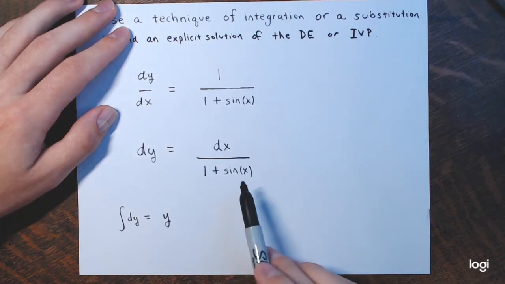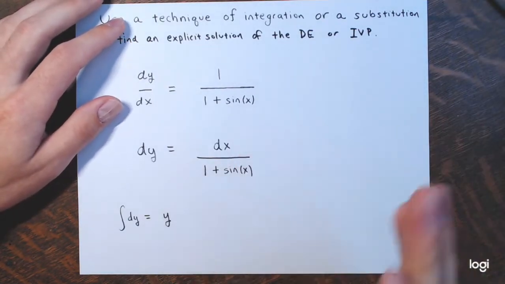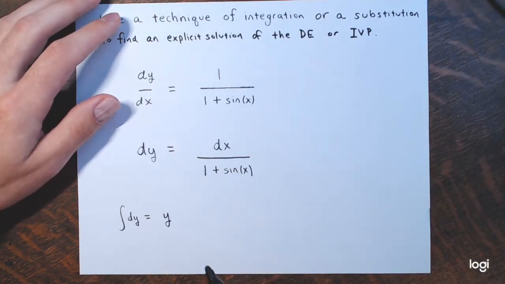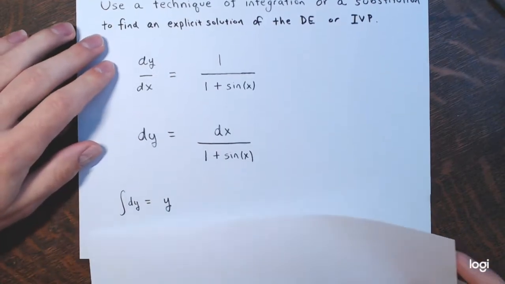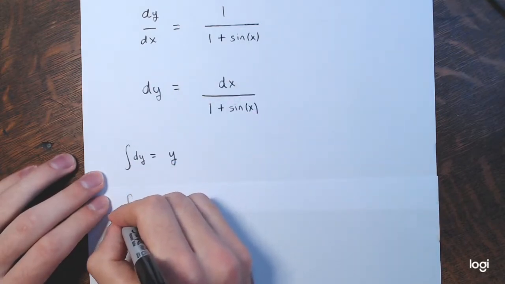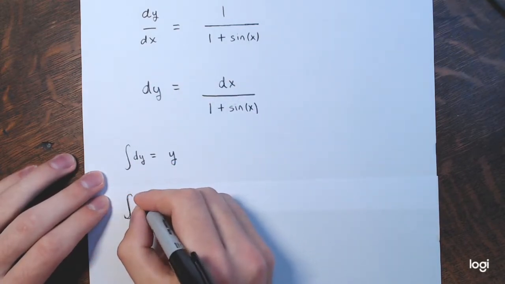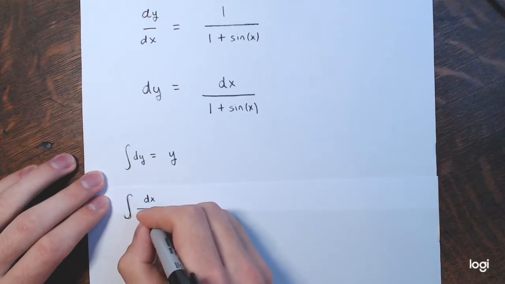So I'm just going to pick one side to put the constant on, and usually I do the right side. Now let's look at the integral on the right side: the integral of dx over 1 plus the sine of x.